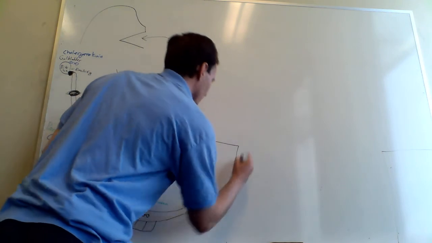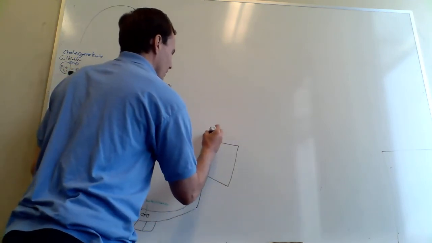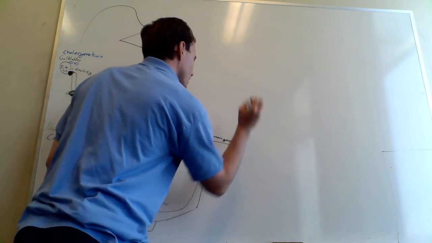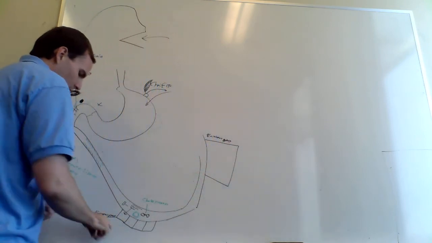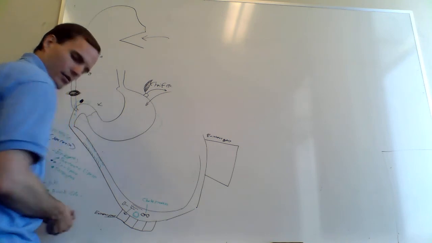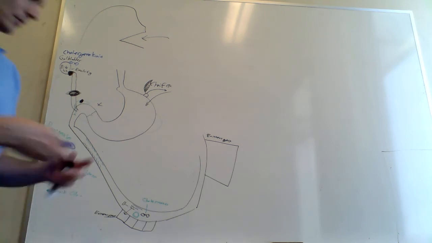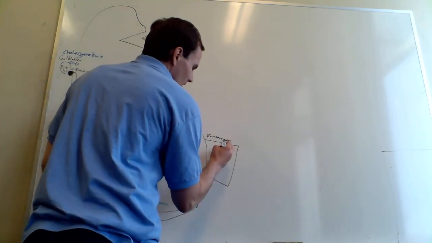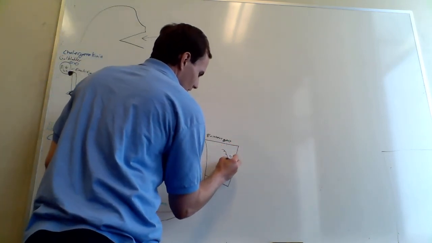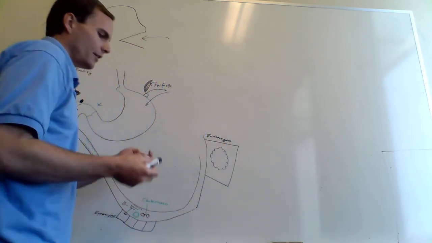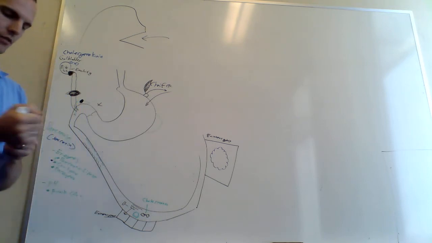So this is just another enterocyte, and we are going to make a chylomicron. So the chylomicron is going to have all of those dietary fats stuffed inside of it.